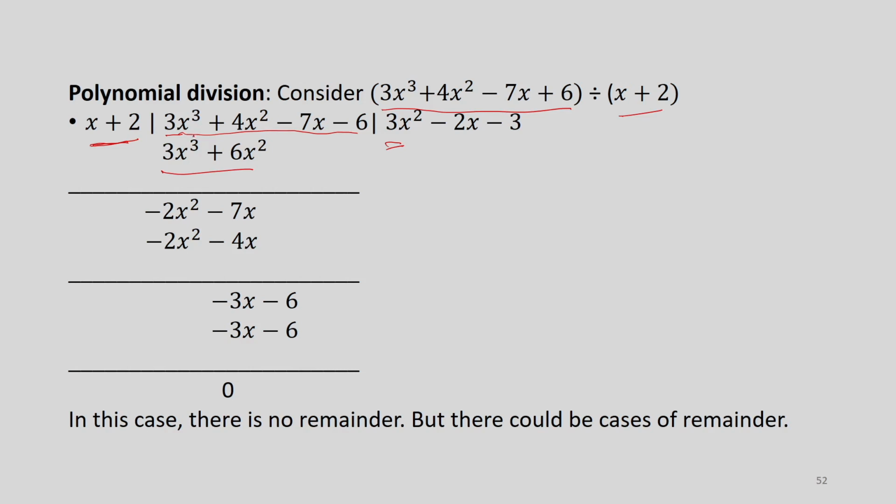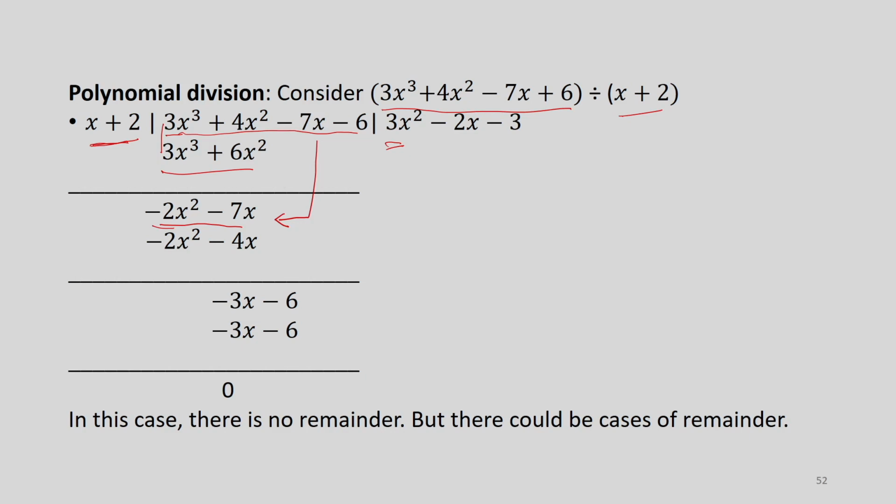Obviously, the first elements will get cancelled, that is by construction. And from the second element, if I subtract 6x square from 4x square, I get minus 2x square, and then I take minus 7x from above, and so the term that I have to divide is now minus 2x square minus 7x.